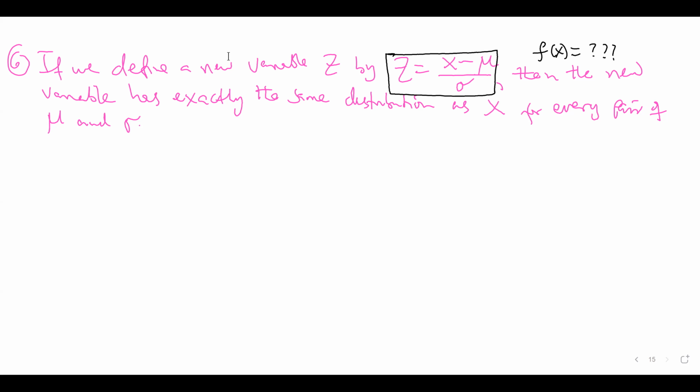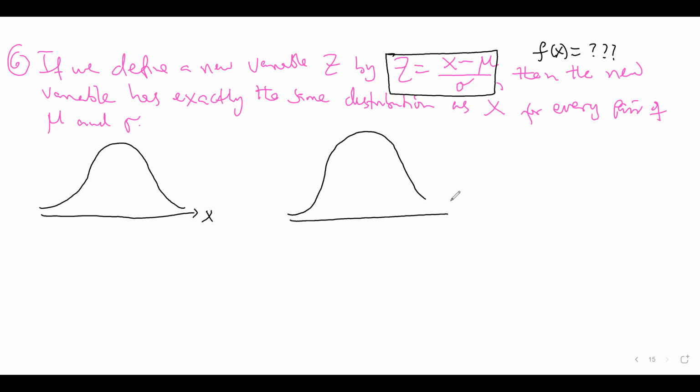That means that if you have x like this, then you can also have exactly the same.